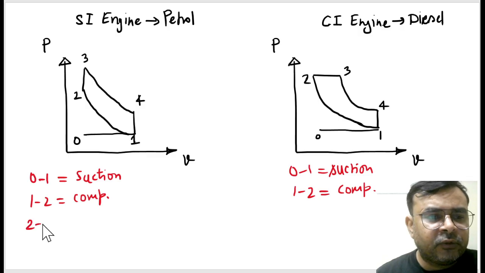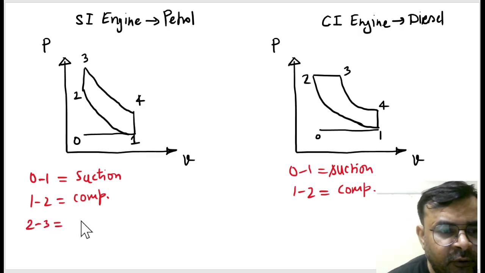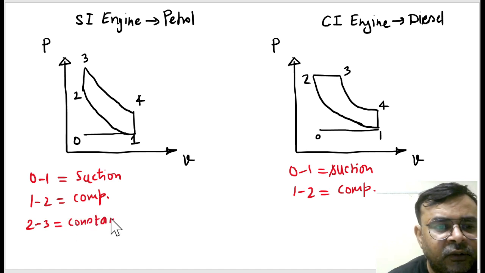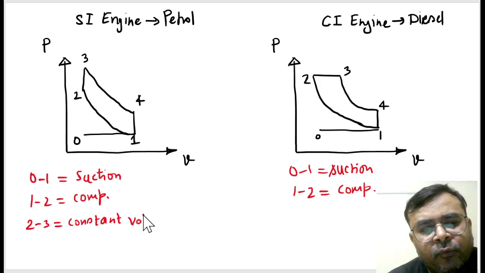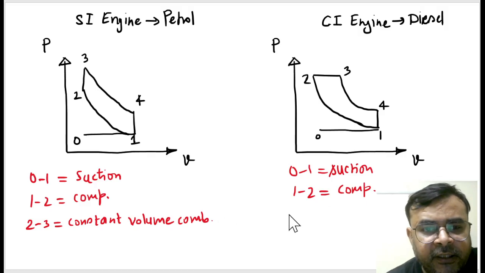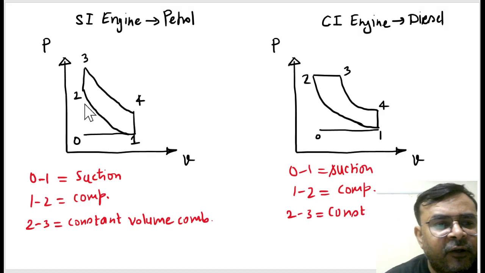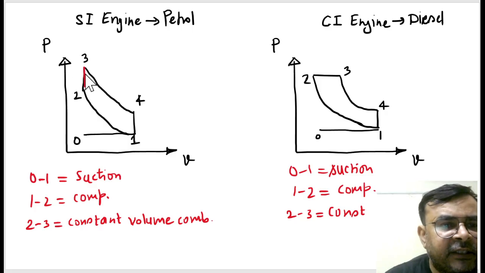Then 2 to 3 is combustion, at constant volume. Constant volume combustion. And here 2 to 3 is at constant pressure. Here you can say this is actually a vertical line, exactly a vertical line.